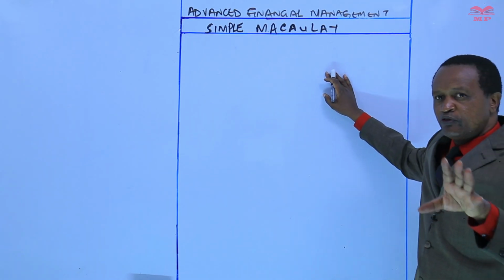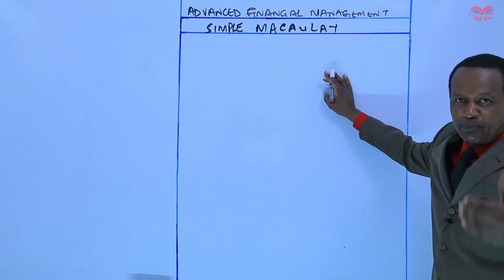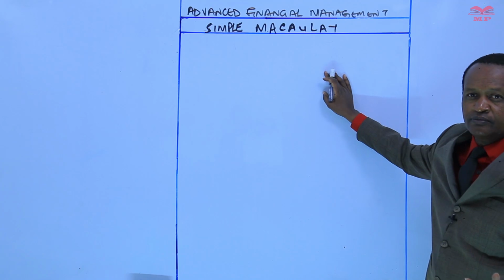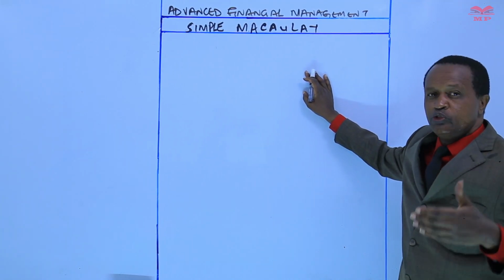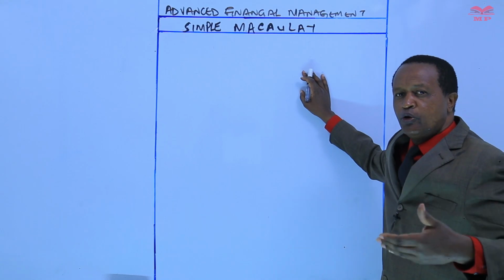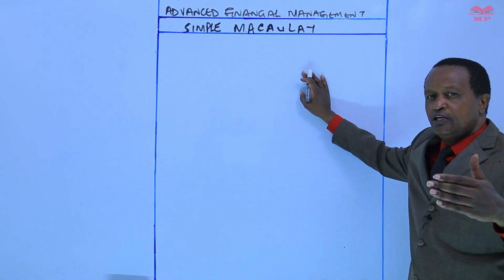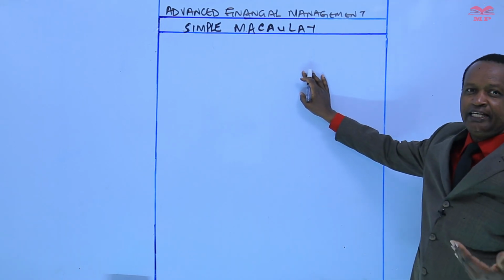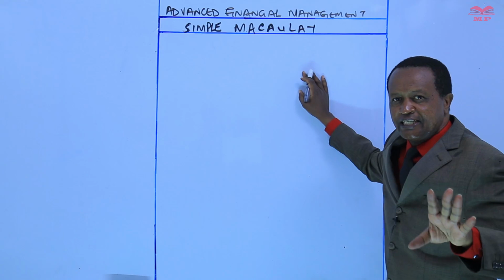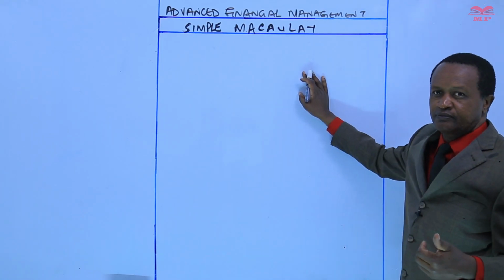So the concept of Macaulay duration is attributed to Frederick Robertson Macaulay. He was an economist who introduced the concept of bond duration. So his work, particularly in the 1930s, laid the foundation for understanding bond sensitivity to interest rate changes.